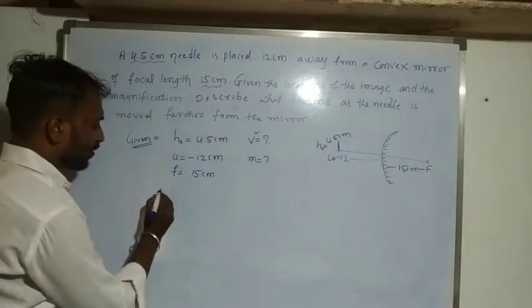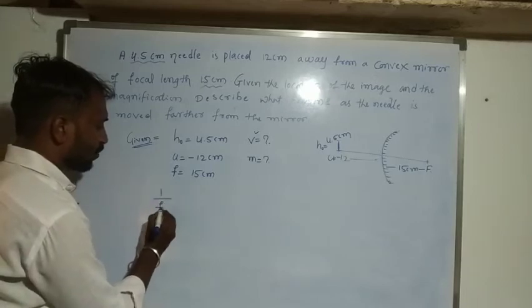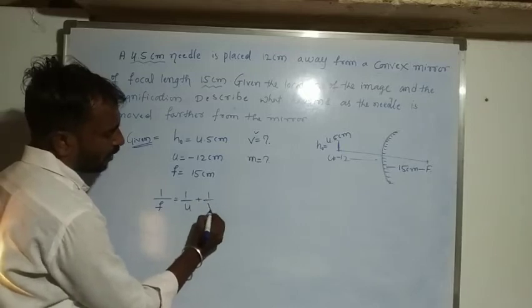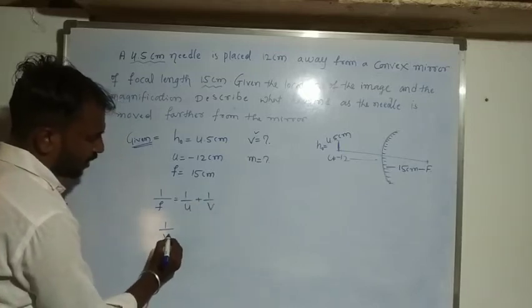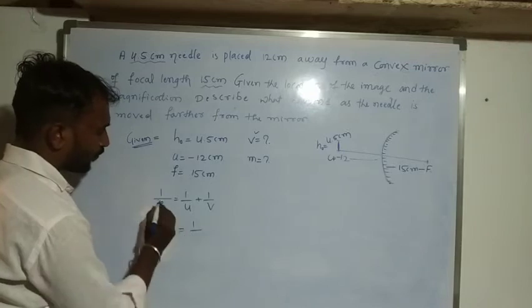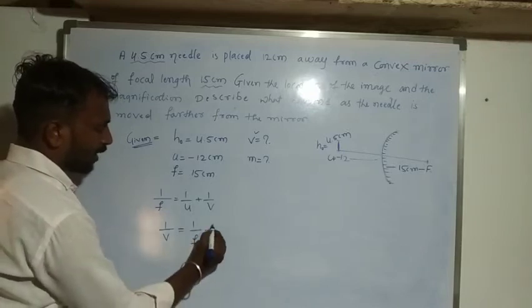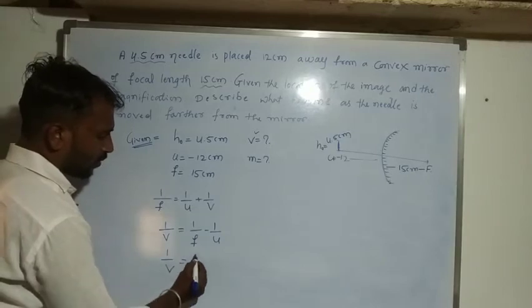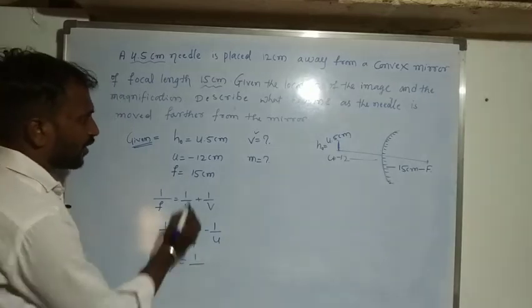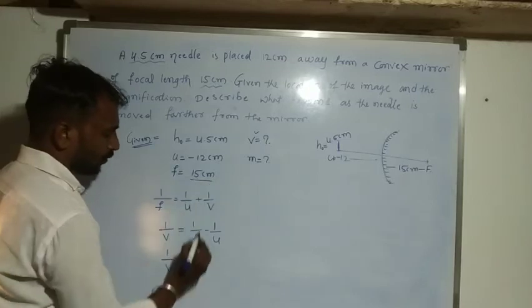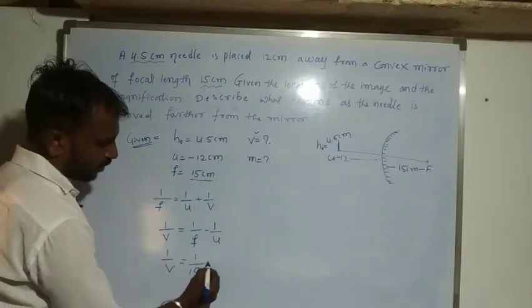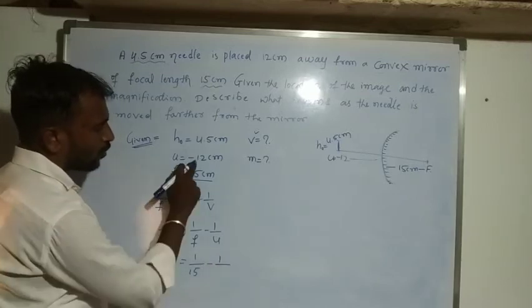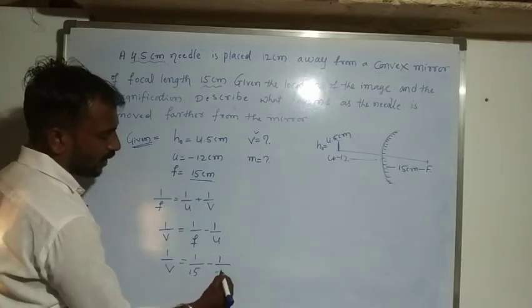For this reason we consider the mirror equation. 1 by F is equal to 1 by U plus 1 by V. So 1 by V is equal to 1 by F minus 1 by U. So 1 by V is equal to 1 by F, focal length 15 centimeter, minus 1 by object distance minus 12.